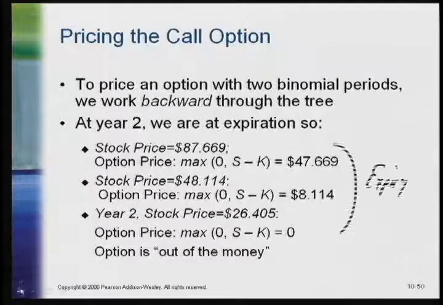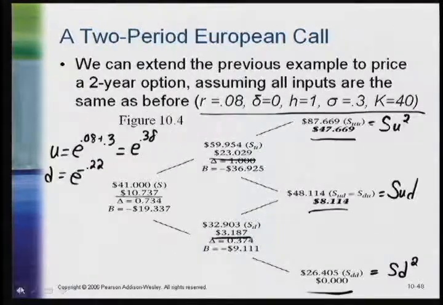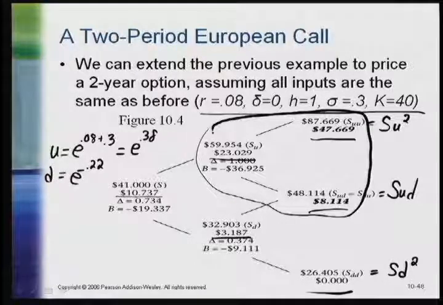That's because if we just look at this section of the lattice, it's a one-period binomial lattice in which we know the value of the option, 47 and 8, one period away. We can calculate the value 23 using the mechanics of the earlier section.